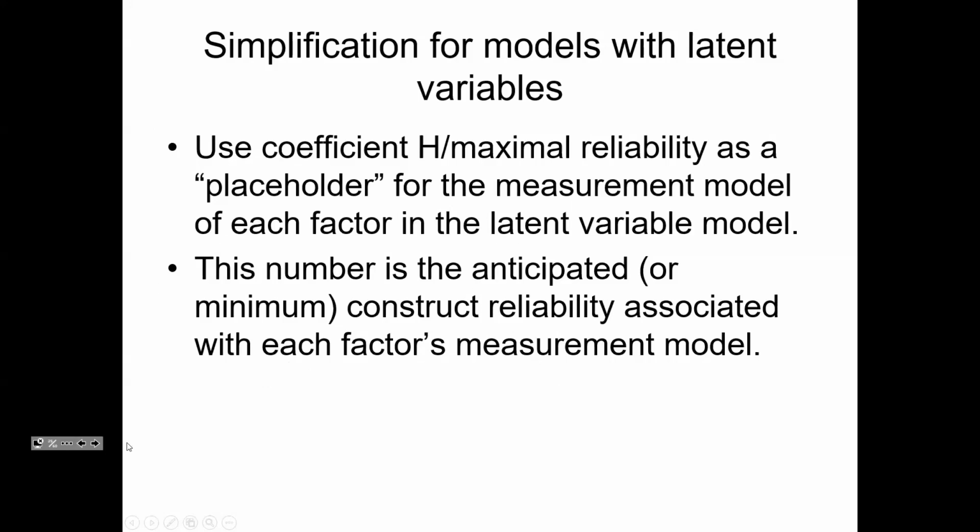And then you can use this as a placeholder for the measurement model of each factor in a latent variable model. What I mean by this, and we're not really going to talk too much about power here, is, just say you wanted to run a power analysis. Let's say you don't have any data yet, and you've got a latent variable model. One of the things that you have to consider, obviously, is the strength of the path that you're interested in?